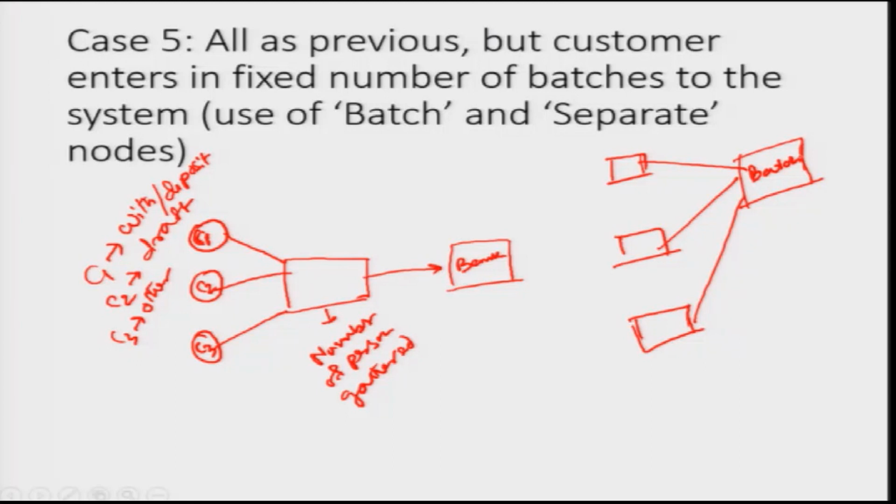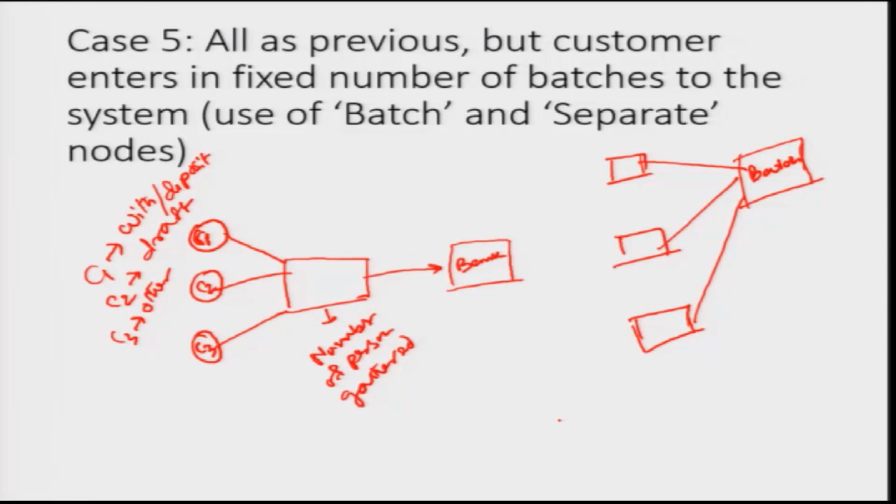Another industrial implementation of this batch node is, for example, when you need to transfer material from one position to another. In that case you may not transfer the parts individually. You need to wait until a number of parts come to a particular point, and then you collect them.